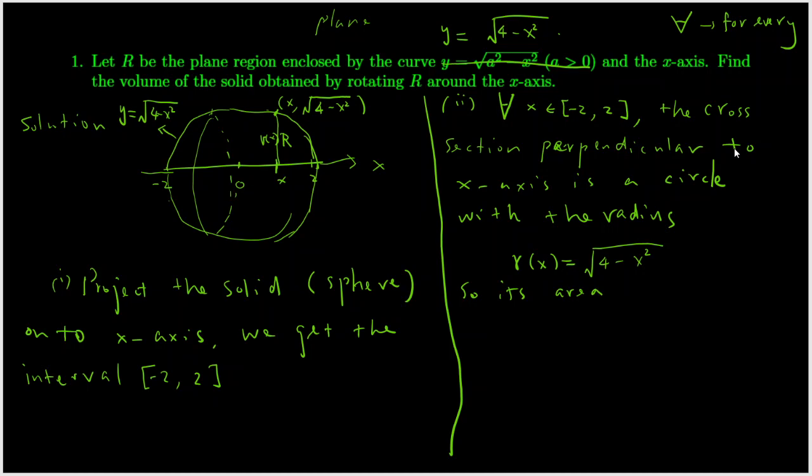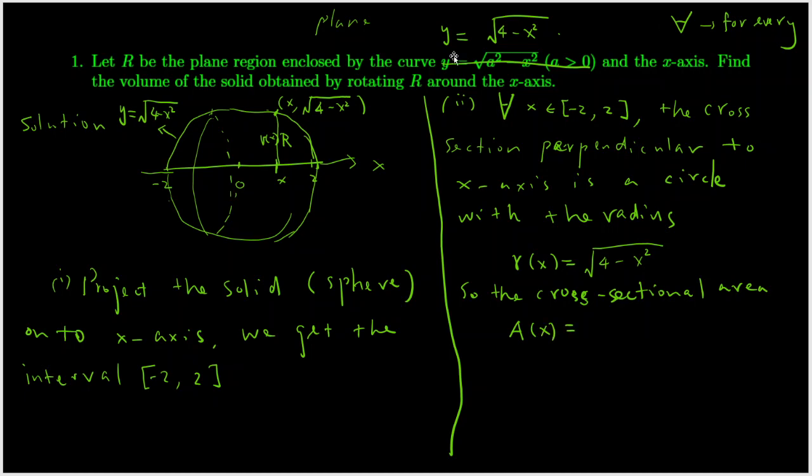Its area, I mean the cross-sectional area. So I'm going to write the full term: the cross-sectional area. The notation is A of x.